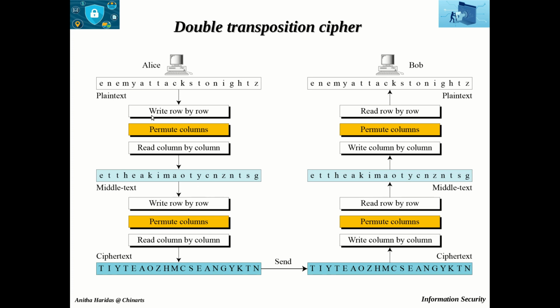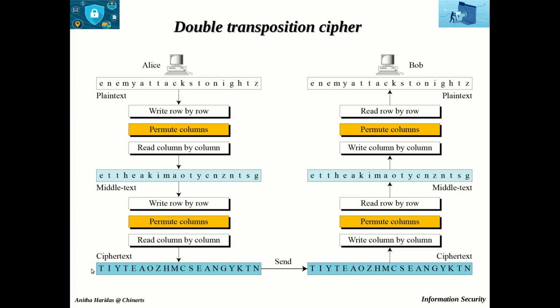The plain text will first be encrypted like this, and again the encrypted ciphertext will be encrypted using the same procedure to produce this ciphertext.